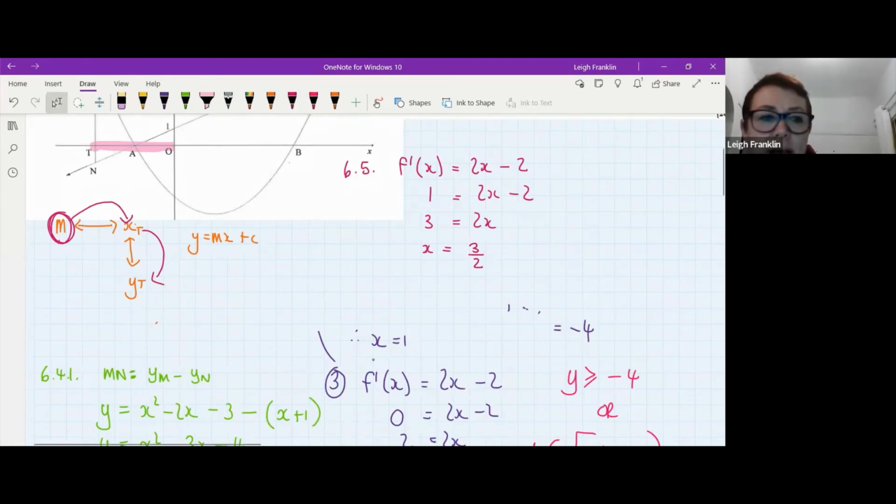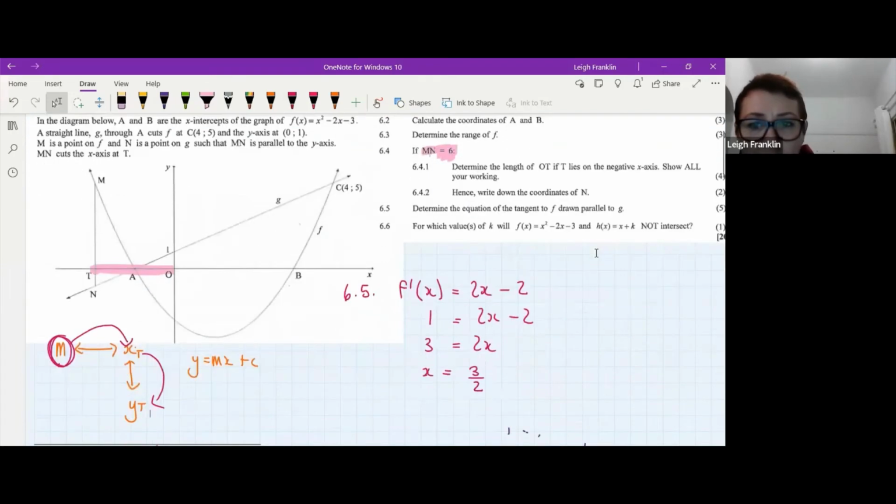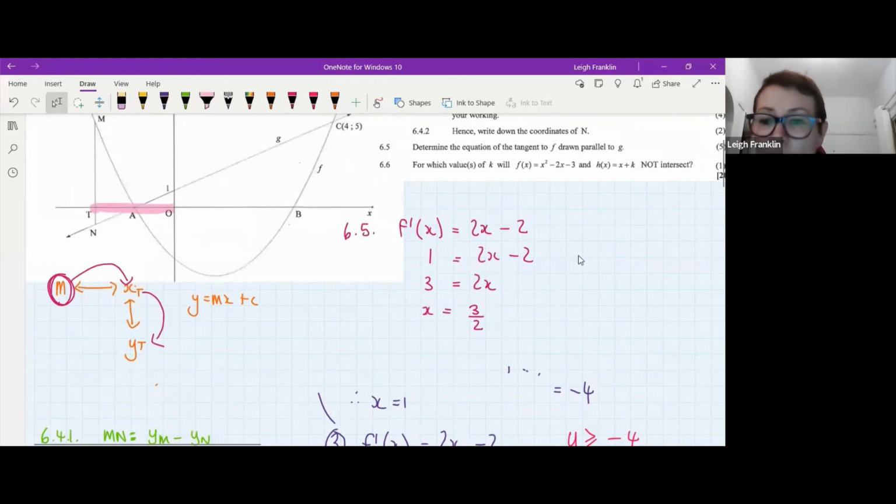Now to get the corresponding y coordinate at the point of tangency, I've got the x, now I can get the y. I'm going to sub 3 over 2 into the original. In other words, I want to calculate f of 3 over 2. f of 3 over 2 leaves me with 3 over 2 squared minus 2 times 3 over 2 minus 3.